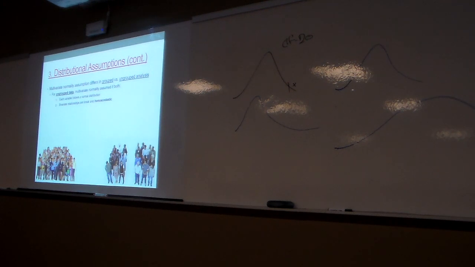No, it won't. So there's no need to look at skew and kurtosis for dichotomous variables, because that doesn't make any sense. But for our continuous variables in an ungrouped analysis, we're going to assume we've achieved multivariate normality if each variable follows a normal distribution and our bivariate relations are linear and homoscedastic.